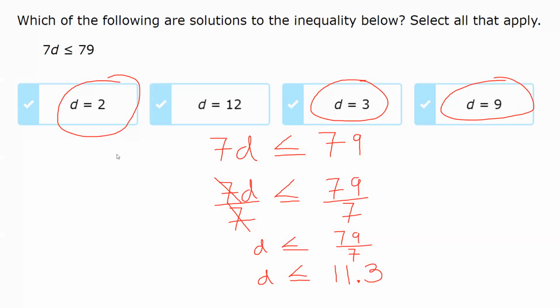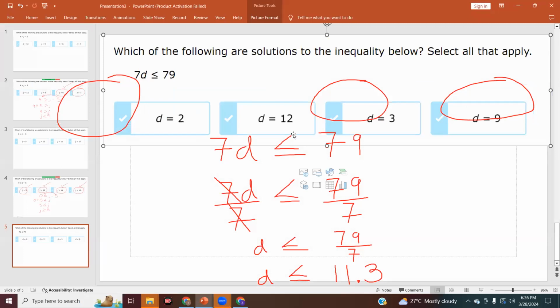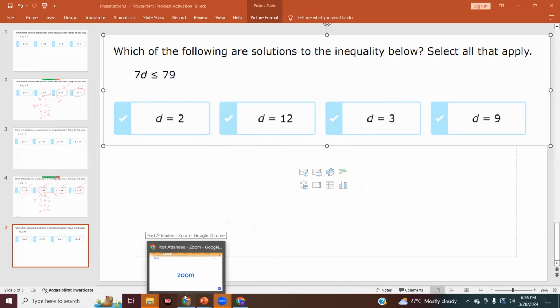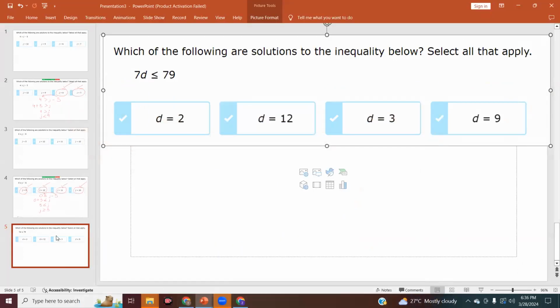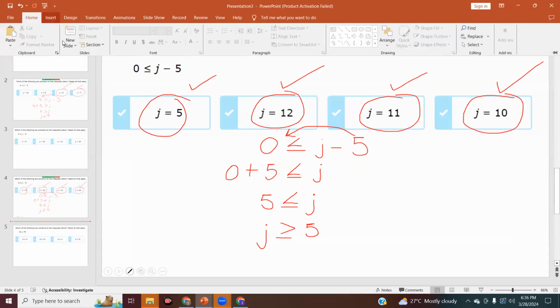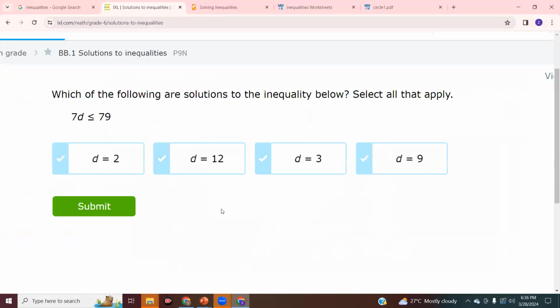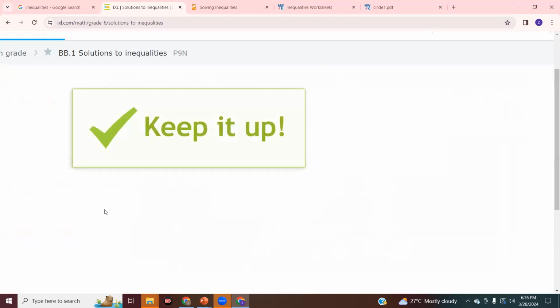All right, let me go on IXL. We're going to circle D is equal to 2, 3, and 9, and that's going to be our answer.